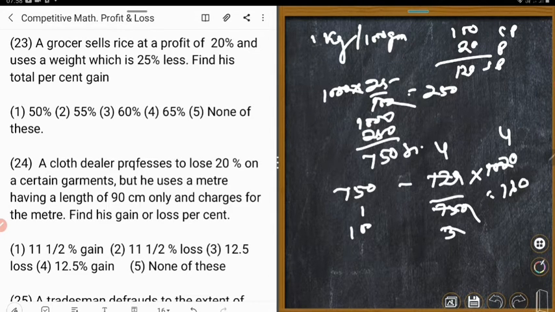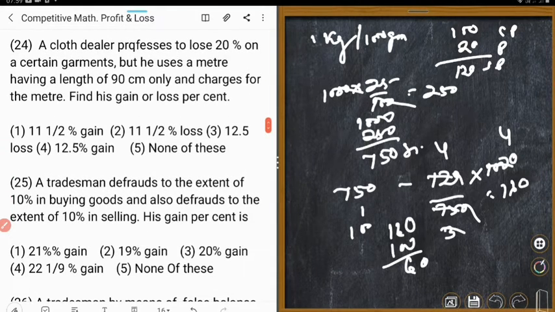Okay, 160. So this is 160 minus 100 CP. This is SP. CP is equal to 60. So profit is how many percent? 60. Which number is correct? Number 3. Number 3 is correct. Right?